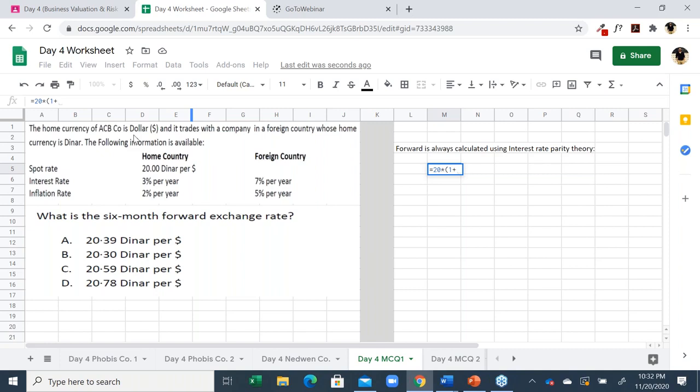We need the foreign currency rate, and that's 7%. So in the numerator, 7%, because the rate is quoted in dinar. Then we divide it by the interest rate of the other country, that is 3%.